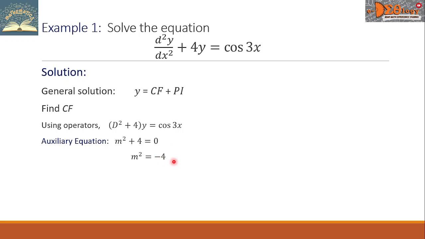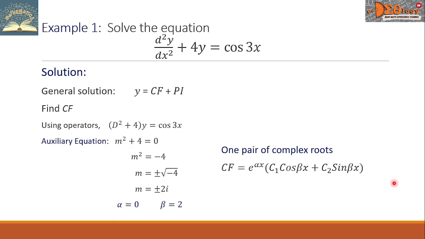It becomes negative 4, and then we take the square root of both sides. So m is equal to plus or minus the square root of negative 4. Then we simplify this into plus or minus 2i. The value of m is one pair of complex roots. It means alpha equals 0 and beta equals 2.